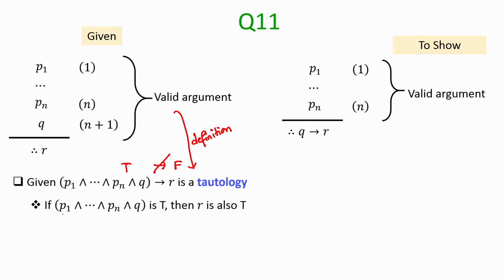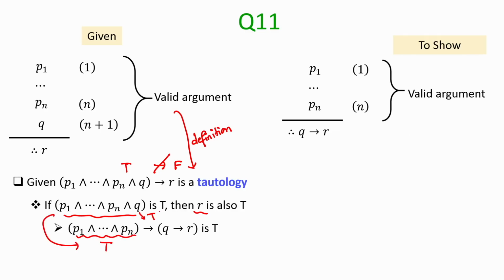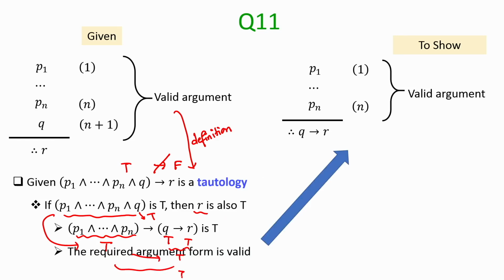If the conjunction of p1 to pn and q is true, then r is also true, and as a result I can say that this implication is also true, because if the conjunction of p1 to pn and q is true, then p1 to pn is definitely true, and since q is true here, r is also true, and true implies true is anyhow true.